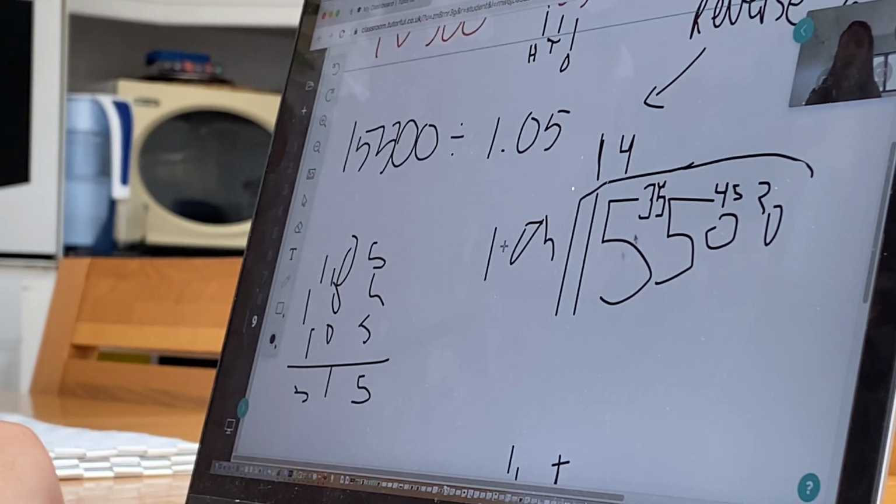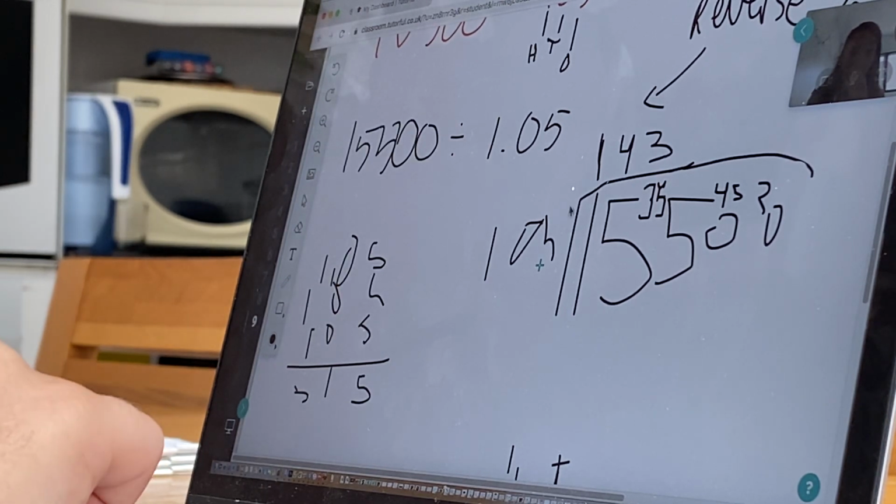So now we're doing 1.05 into 355. The remainder is not going to be 3. This is 1.05. I'm going to add the decimal place after.